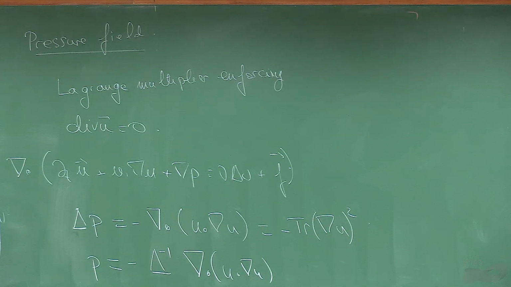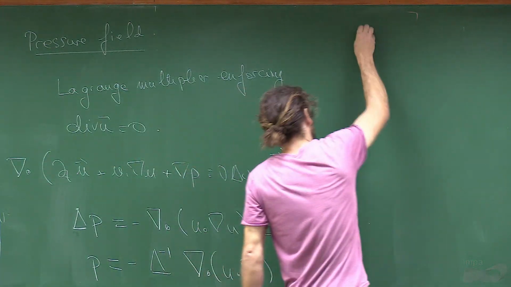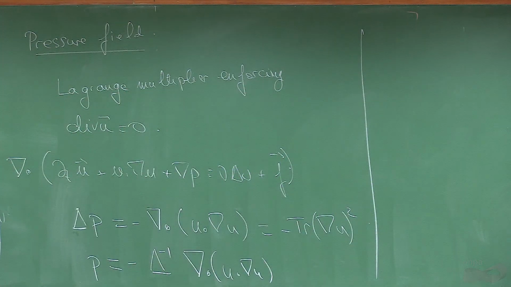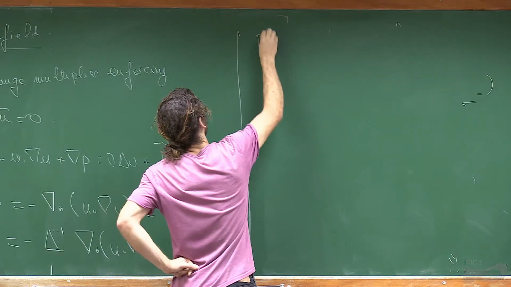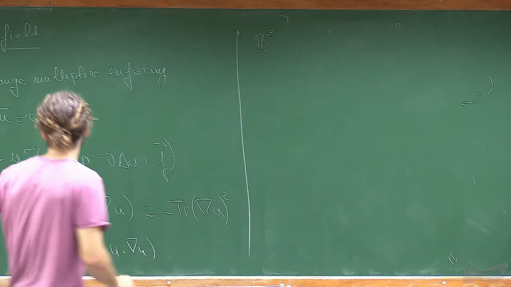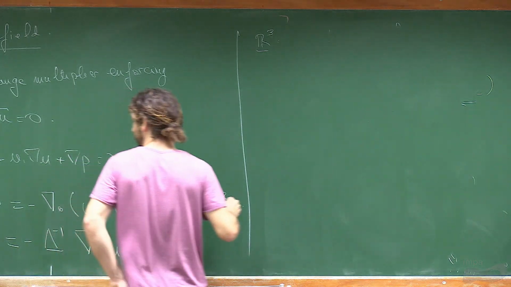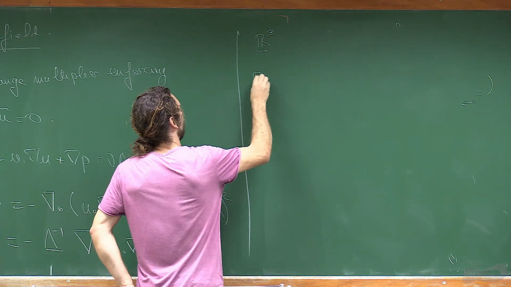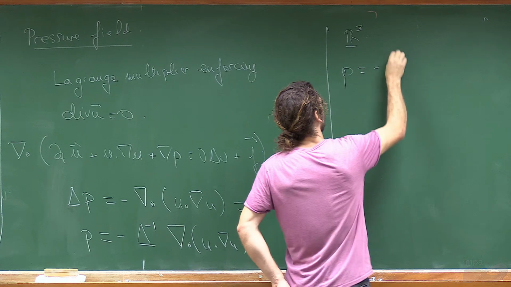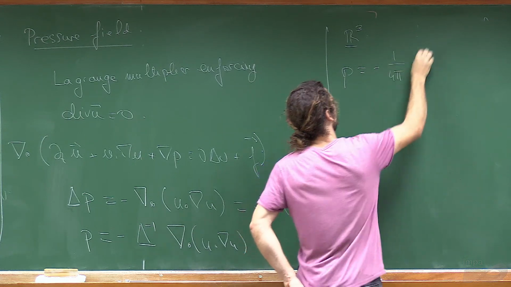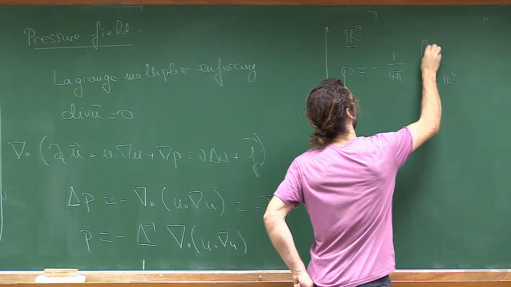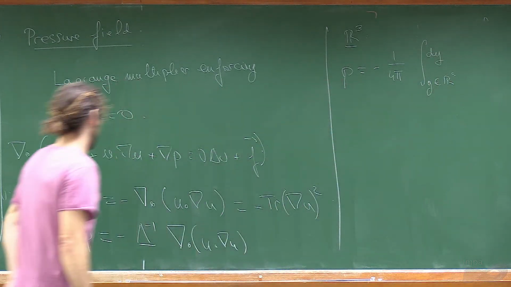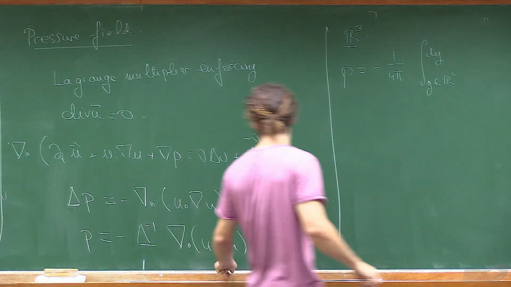For example, if we look at what's happening on R3, just to give an explicit representation, then the pressure field is minus 1/4 pi integral for y in R3 of dy of this guy here.